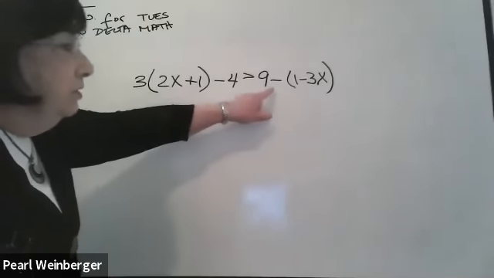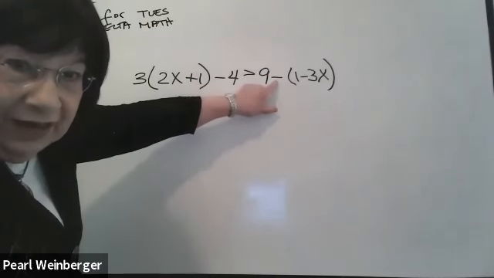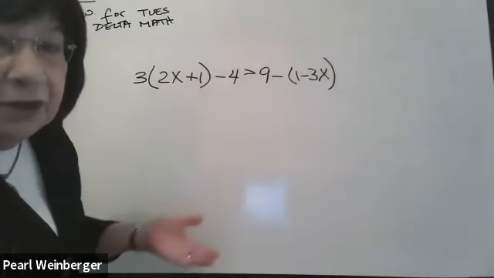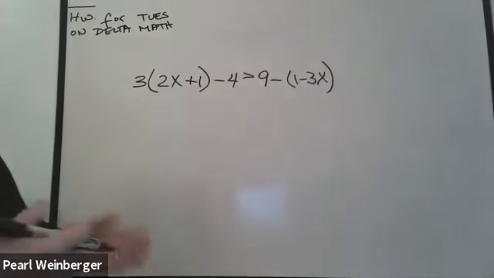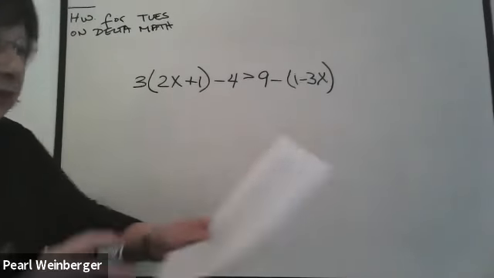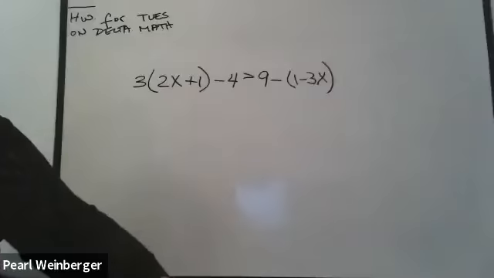Mind you, these are subtraction signs, not negatives, but it doesn't matter. When you're reading it, of course, they look exactly alike, so this is fine. This is the question. Copy that.